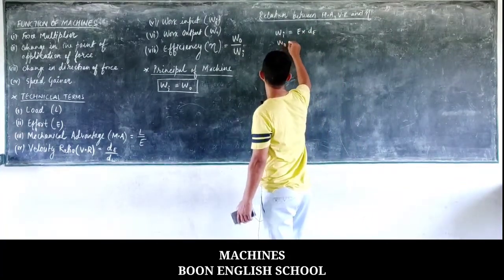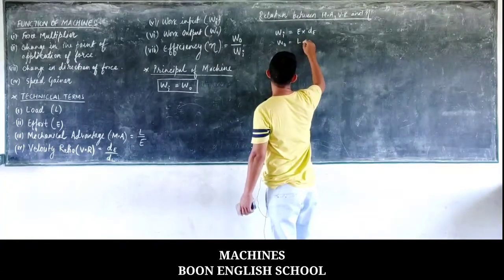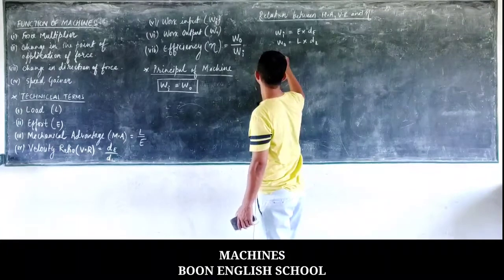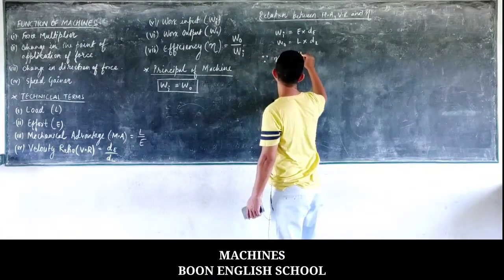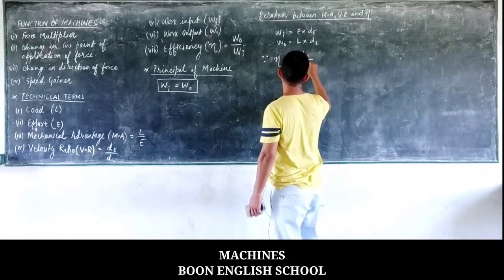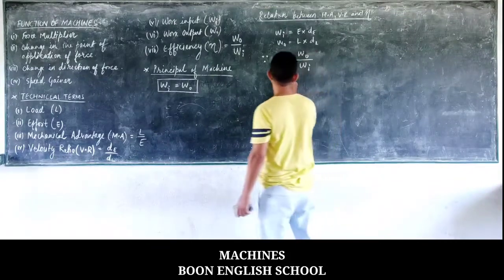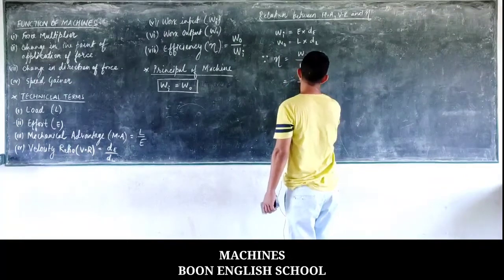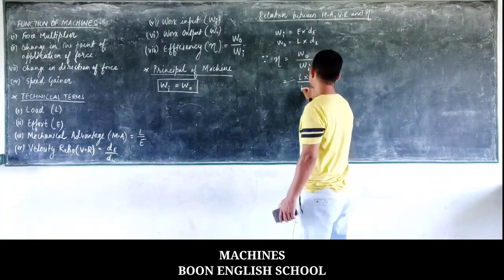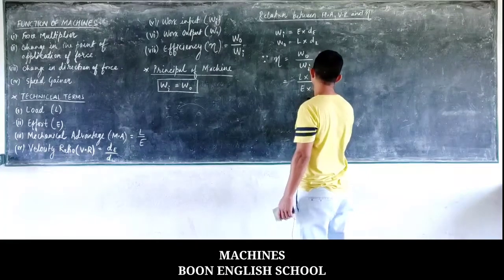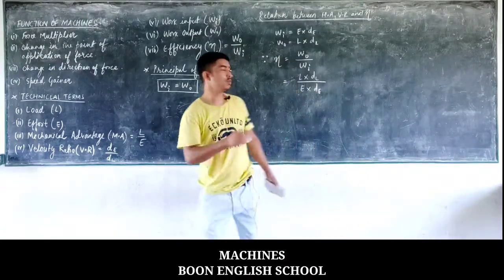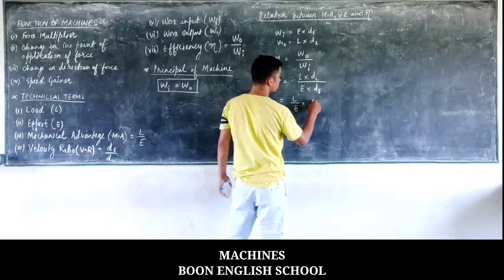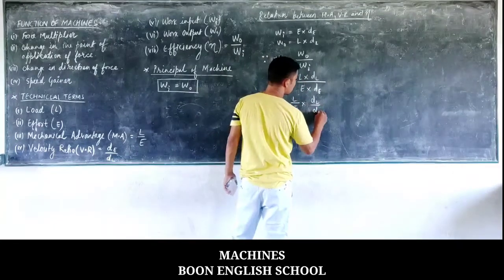The work output will be equal to the load into the displacement of load, L into dL. Since efficiency is equal to the work output divided by the work input, it is L into dL divided by E into dE. Now I can separate it as L divided by E into dL divided by dE.